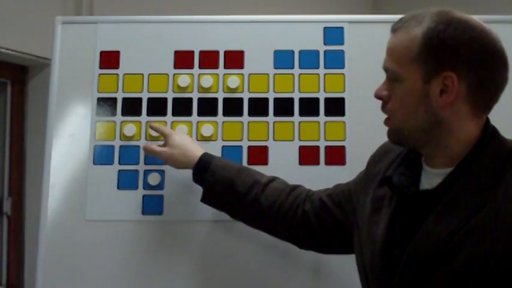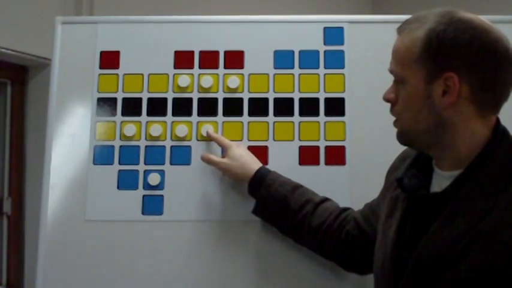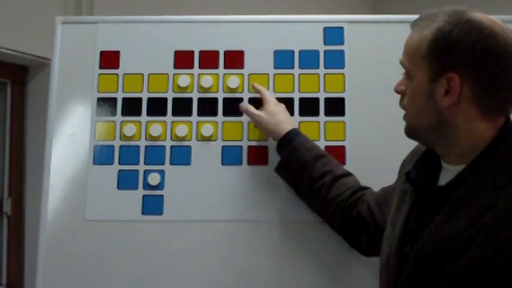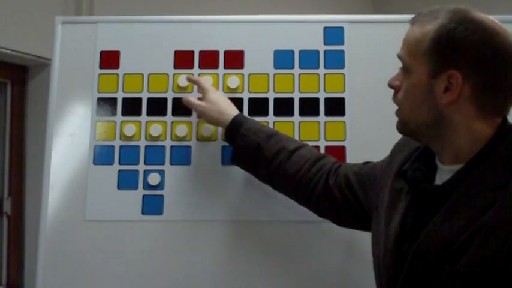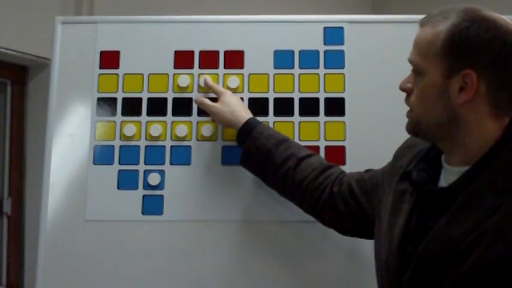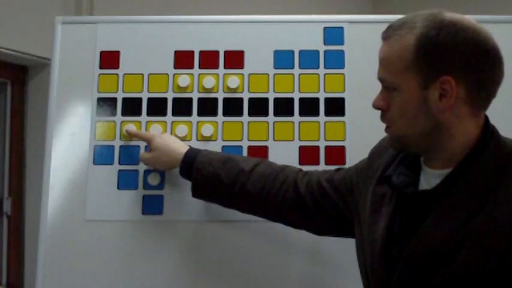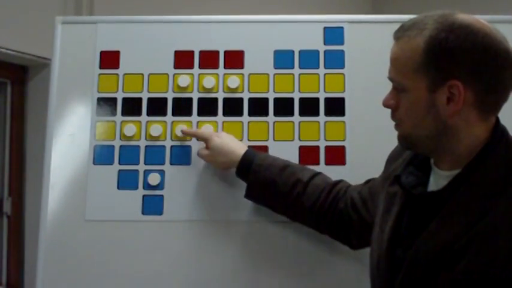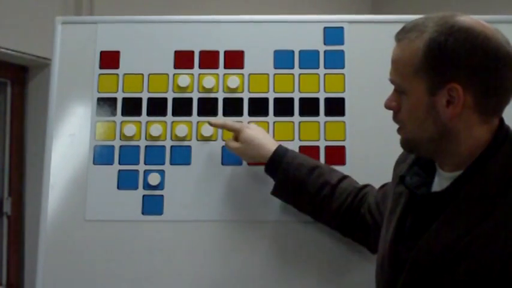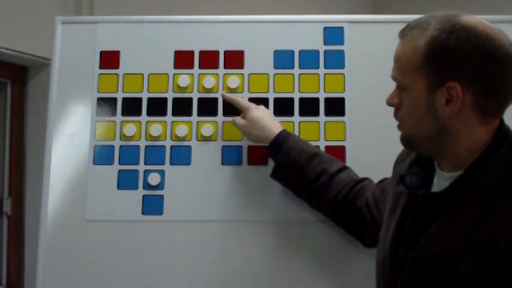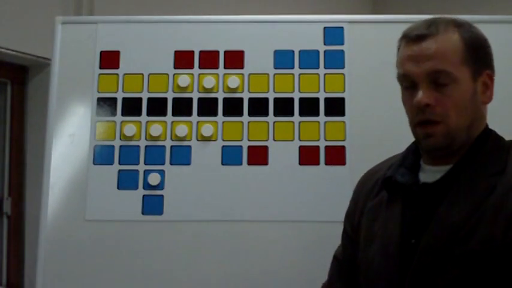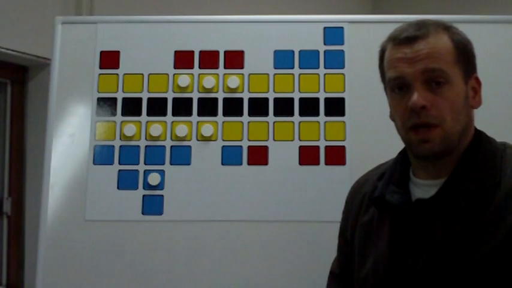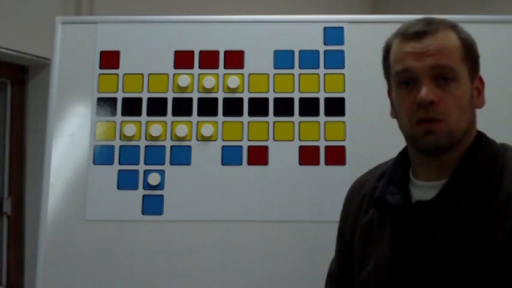So we go 1, 3, 5, 7, and then 9, which is the same as that one, 11, which is the same as that one, and 13, which is the same as that one. So this is 1, this is 9, this is 3, this is 11, this is 5, this is 13, this is 7, and this is the octave. I know this may sound a little strange, but that is the way it's done, and that is the way it's used in chord notation.